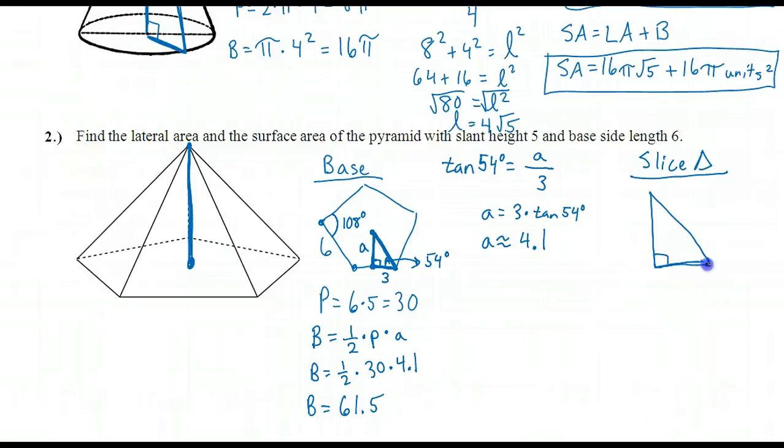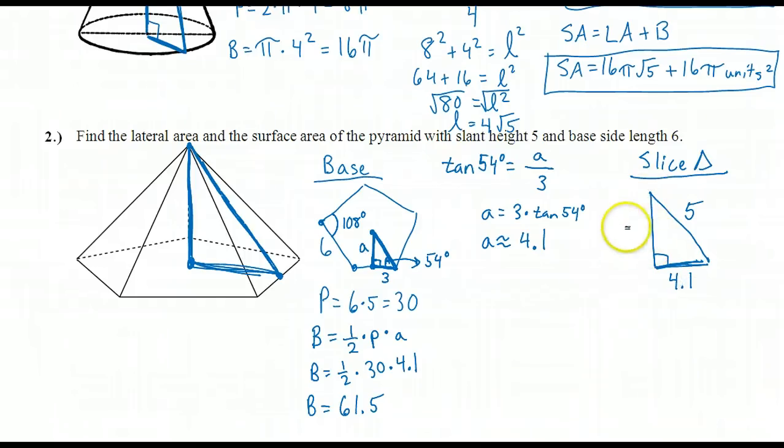The second leg is going to be my apothem, so I'm going to go to the midpoint of one of my sides. And the third part is going to be my slant height. In this case, my slant height is given to me, 5. My apothem I just figured out, 4.1.